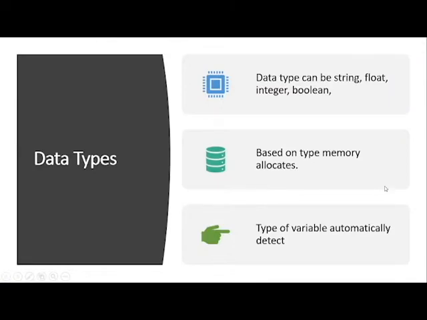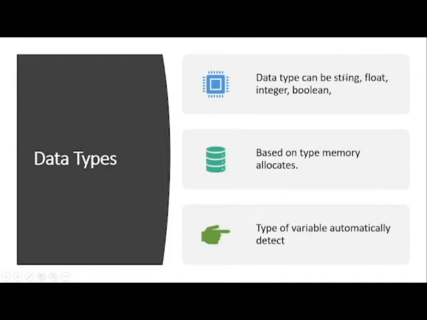So now let's look into data types. In programming, data type is an important concept. There are multiple data types in Python, like I mentioned above, and they are numeric, strings, date, and boolean.